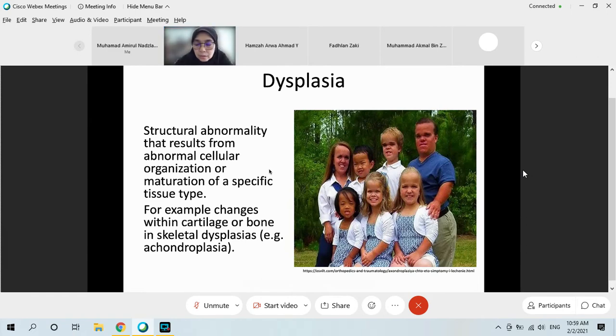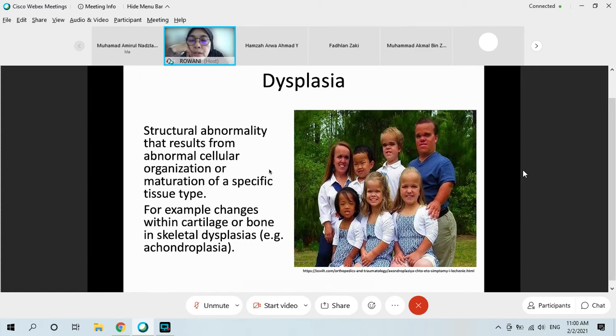Dysplasia is a bit different. Here, the structure of the tissue, the cells of a tissue, did not develop normally. For example, in a group of people with achondroplasia, if you look at them, they are short, they have very short limbs.